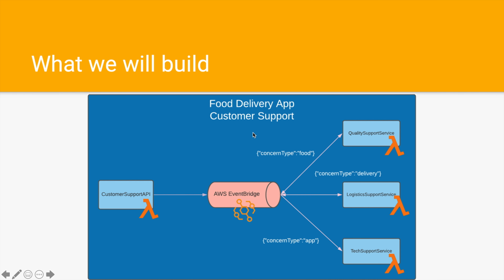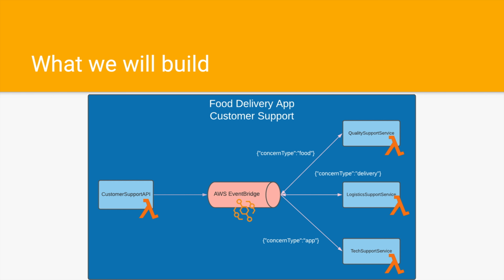From his mobile app, it'll call a REST API, which is a Lambda function, to submit the concern or the issue that he wants to report about, and that REST API will then process this request as an event and send this event over to the event bus, which is AWS EventBridge, and EventBridge will decide which target it will route that event to based on the set of rules that we will configure later.